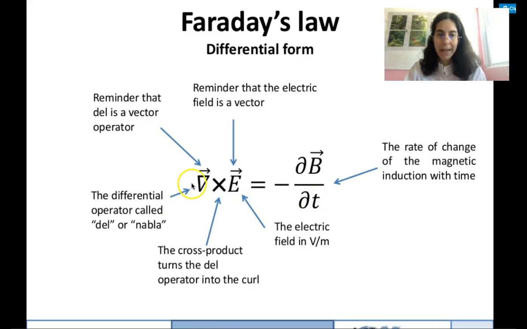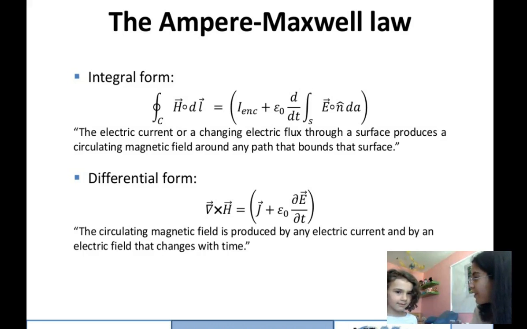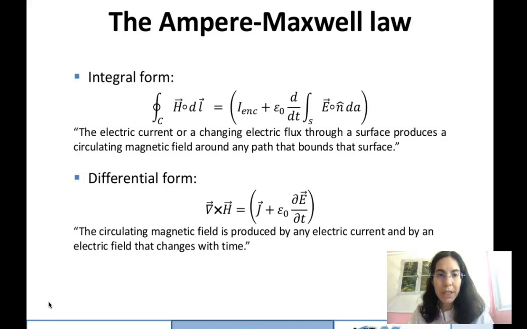And if that field curls, it will change the magnetic field, just as if the magnetic field changes, that will change the electric field. Changing electric fields create magnetic fields, and changing magnetic fields create electric fields. Yep. Next question is how much?